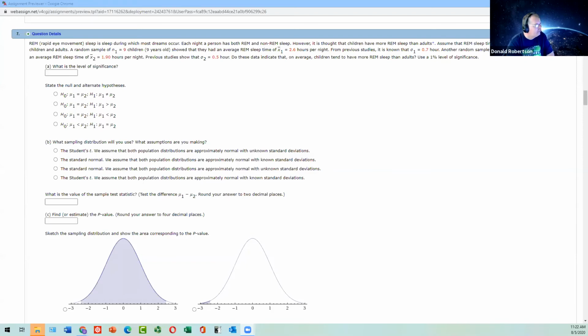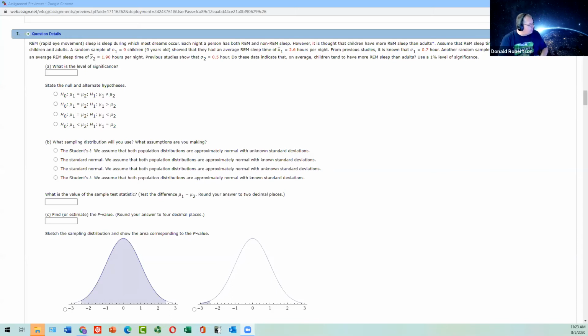Now I'm moving over to the adults, and they had only 9 of these adults, and the average amount of REM sleep that they had was 1.9 hours, and sigma 2 was 0.5, and the significance level here is 1%. Okay, so I got all the data.